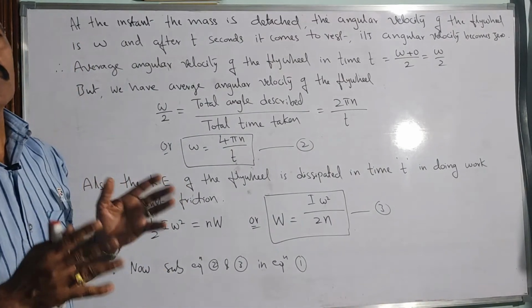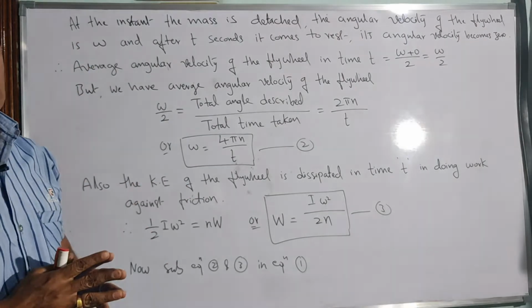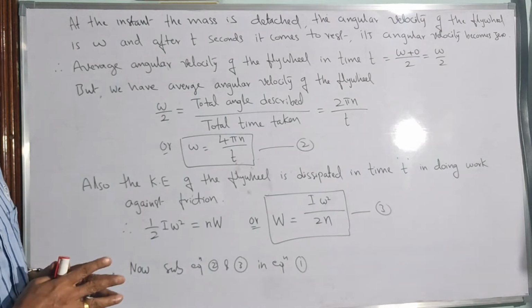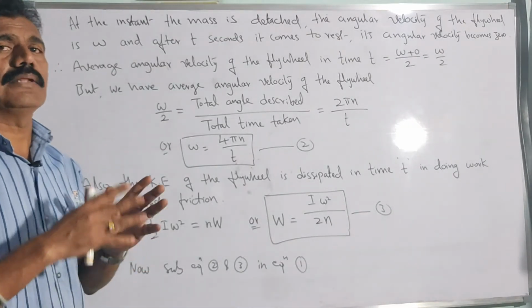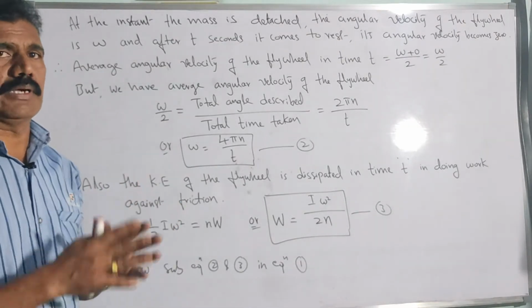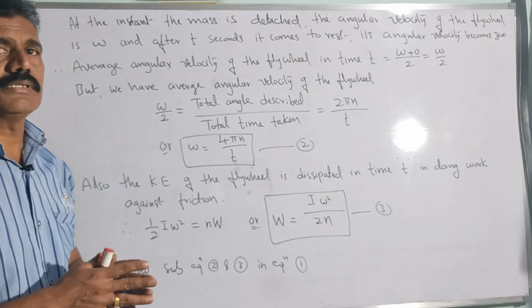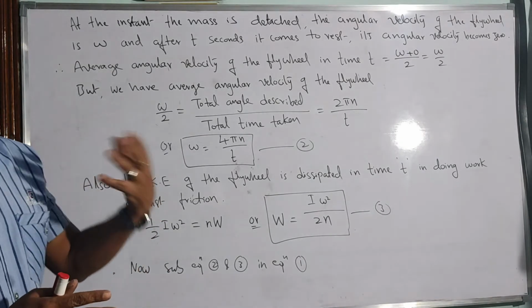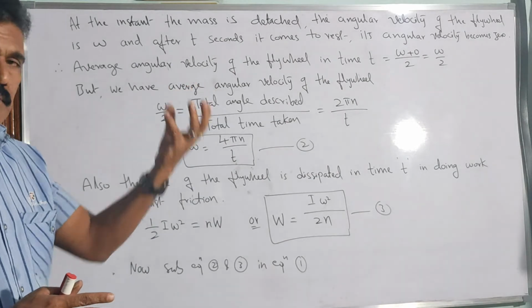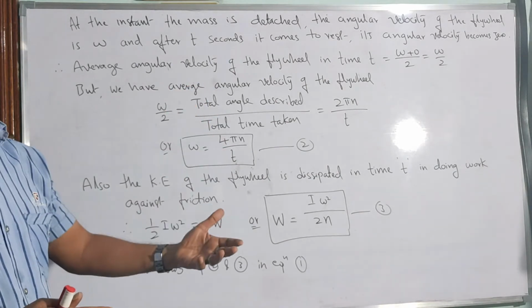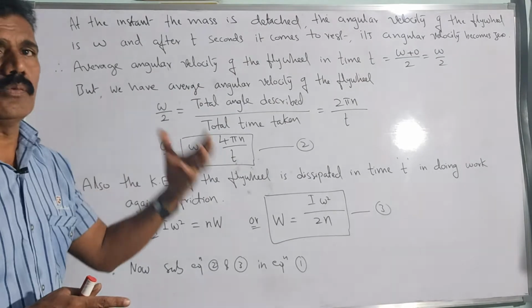Now let us see how to find the average angular velocity of the flywheel. We have declared that the angular velocity of the flywheel is omega, but at what instant? At the instant when the attached mass is detached, then it starts rotating. At that time its angular velocity is omega.